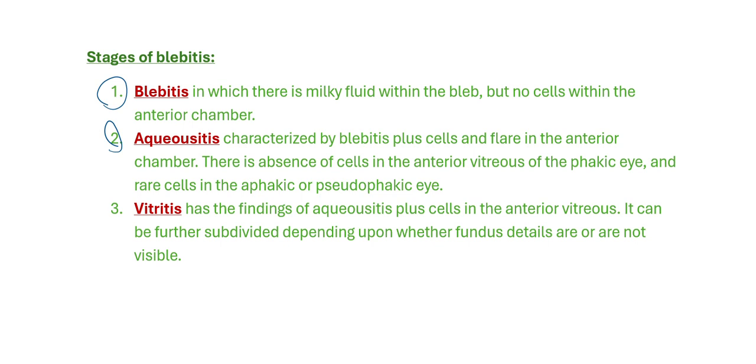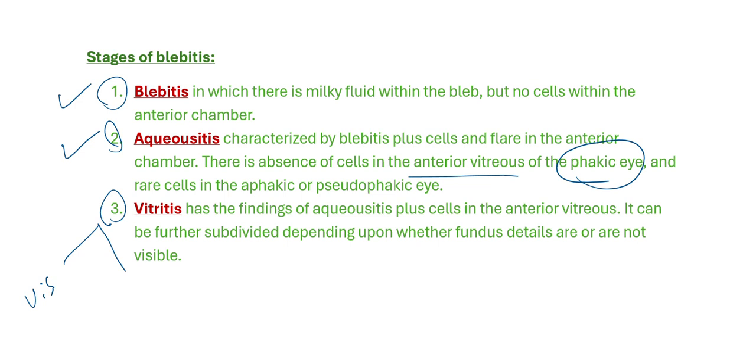And in this stage, especially in phakic eyes, there are no cells in the vitreous. And vitritis, stage 3, so there is blebitis, uveitis, and there are cells in the anterior vitreous, subdivided into 2 subgroups, visible fundus details and invisible fundus details.